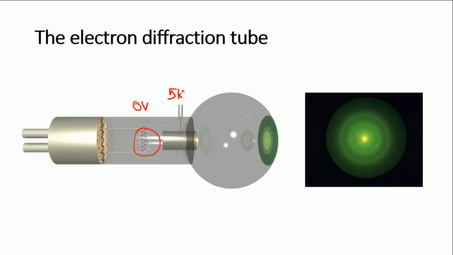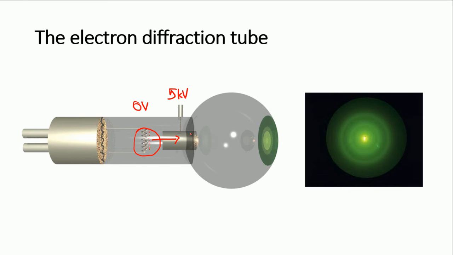In a typical electron diffraction tube, the voltage is around 5,000 volts, about 5 kilovolts. So here, electrons are evaporated off the surface of this metal filament by the process of thermionic emission, and they accelerate up this tube towards the 5 kilovolt anode because they're attracted to its positive potential.